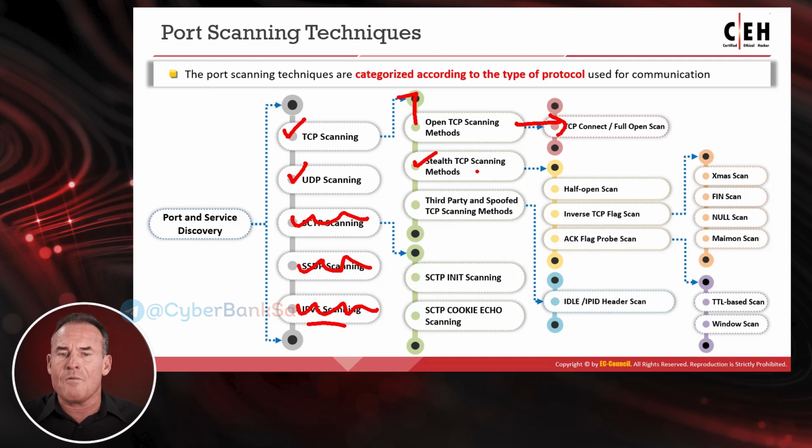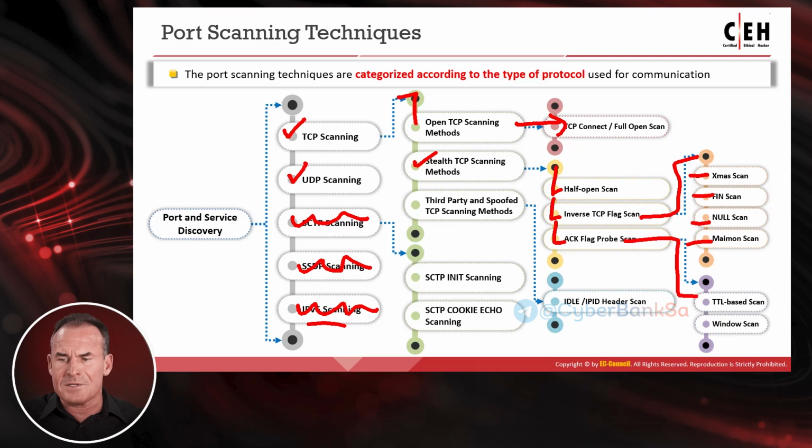Stealth TCP, where you're manipulating the handshake, not doing the full three-way dialogue, is going to require root privilege or administrator system access. That falls into a half-open scan, inverse scans, or ACK flag probe scans. The inverse scans fall into Christmas tree, FIN, null, and Maimon scans, and the ACK flag probe falls into TTL and Windows scans.